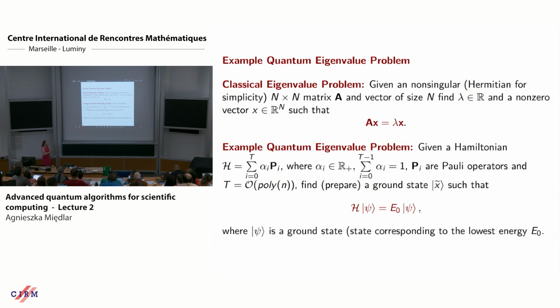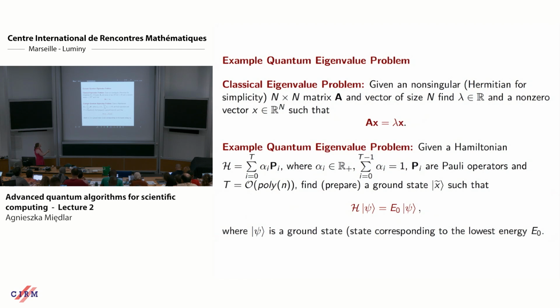It's the classical eigenvalue problem. We will talk about a specific example which you have seen already Monday and Tuesday, Hamiltonian simulation. So we will look at a specific problem and then use the tools to illustrate. Given a Hamiltonian, which you can think of as a matrix or an operator, this Hamiltonian is very particular, it's just a linear combination of Pauli matrices.